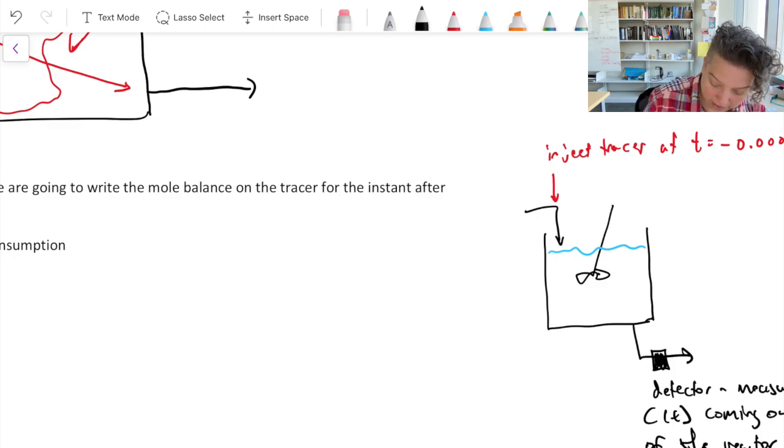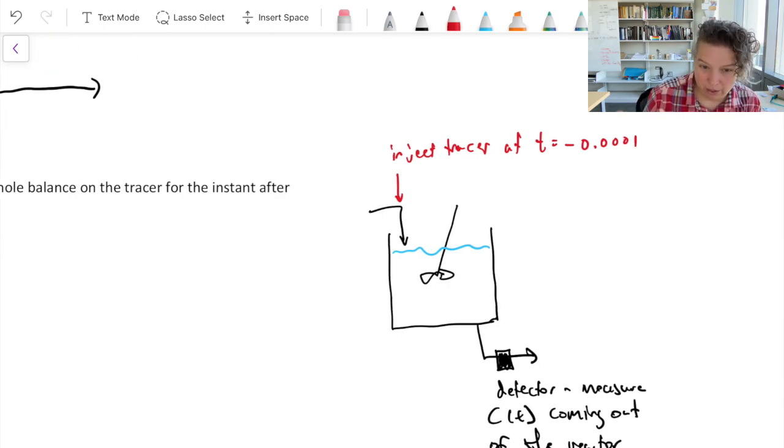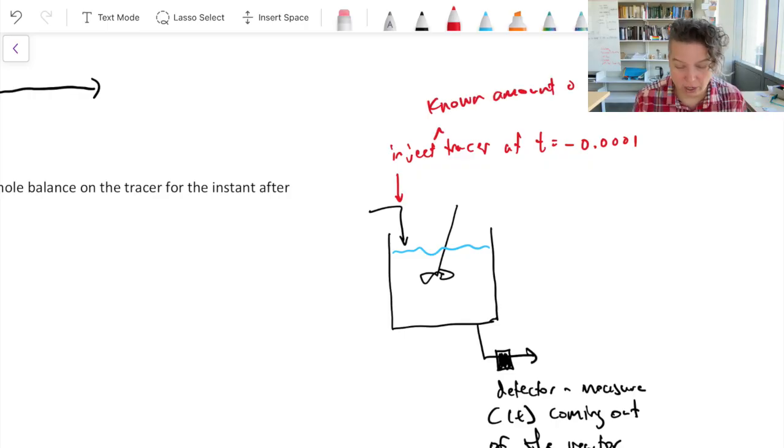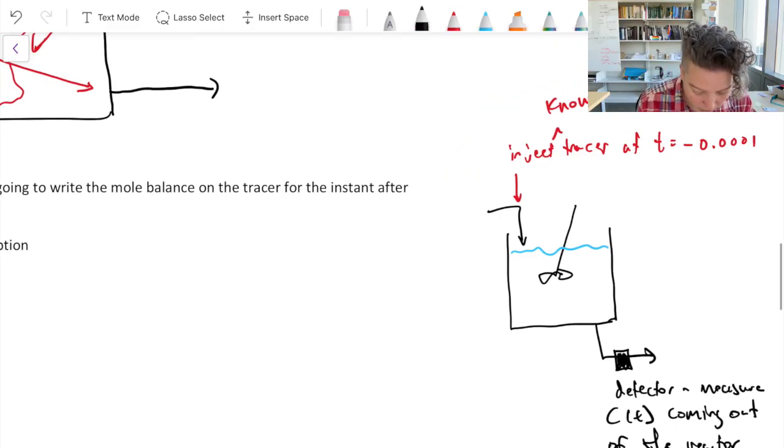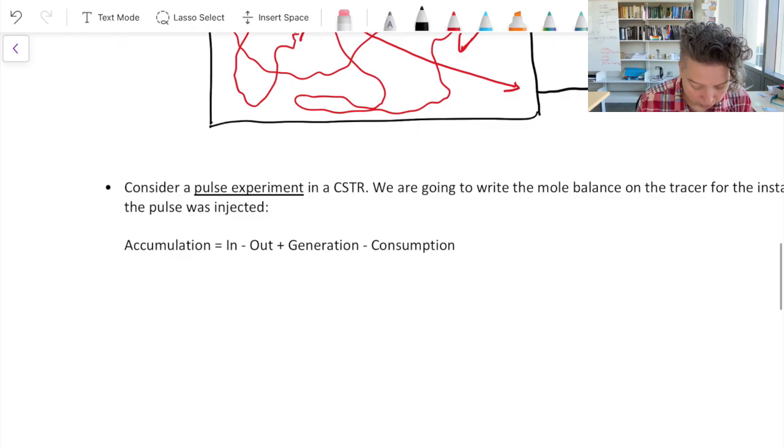I'm not going to account for the amount put in my mole balance, because I'm not going to continuously flow it in. This is not a step experiment. This is a pulse experiment. I should say, inject a known amount of tracer, and then I'm going to start my stopwatch.